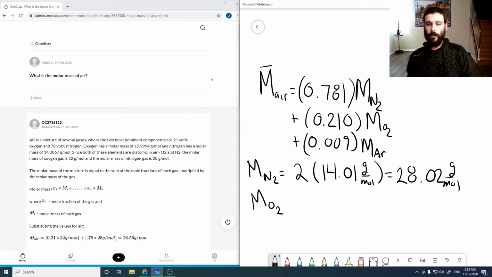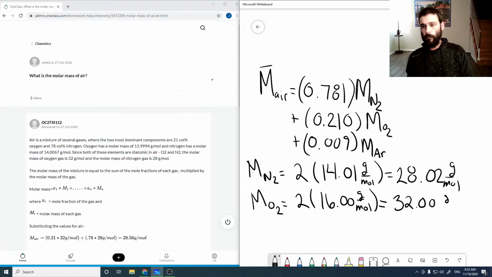Molar mass for oxygen will just be 2 times that of an individual atom, which if you look in the periodic table, you'll see it's 16, or roughly. And the molar mass for argon just comes out to be 39.95.